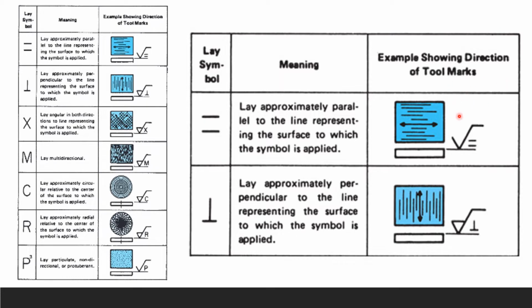The example shows the direction of the toolmarks this way. And here is another symbol for lay, which is perpendicular to the line representing the surface to which the symbol is applied. For the toolmaker, we use these kinds of signs to give direction. You can read all of that, and you definitely need to know this, and I'll definitely ask you in your assignment.